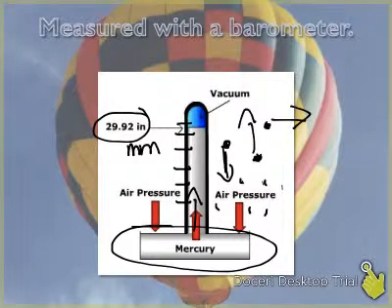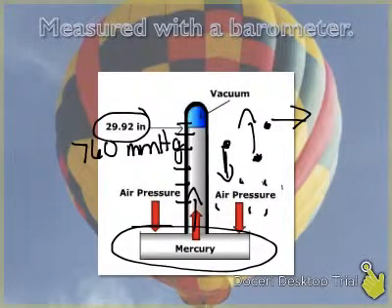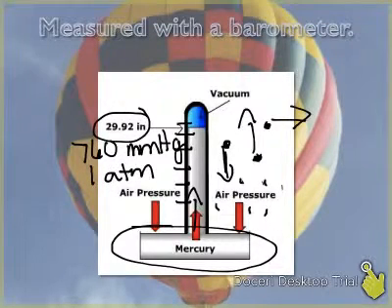So this is equal to 760 millimeters of mercury, because in science, we want the SI unit. The SI unit is 760 millimeters of mercury, or 1 atmosphere. Those can both be used interchangeably. And we're going to talk about the units in just a minute again. But that's how a barometer works.